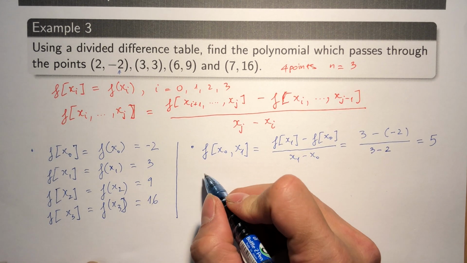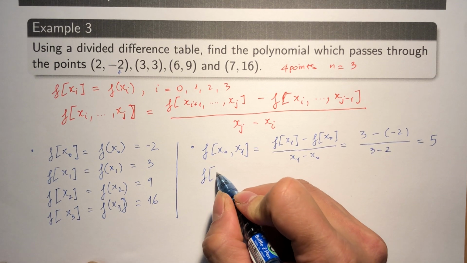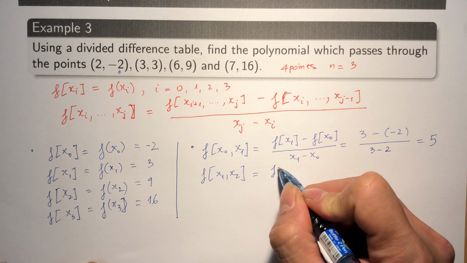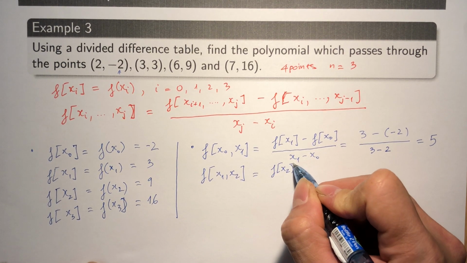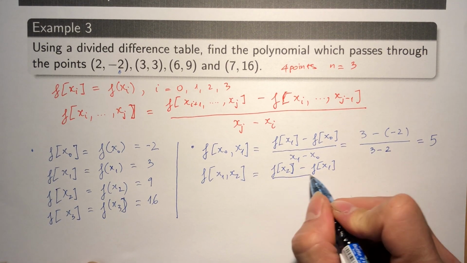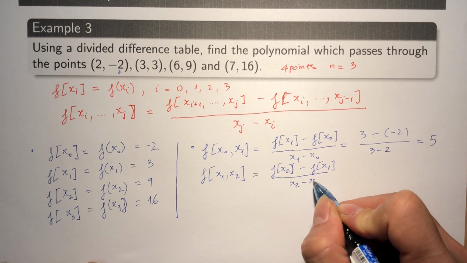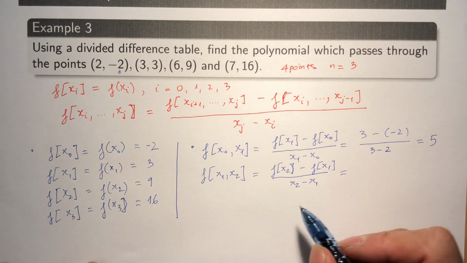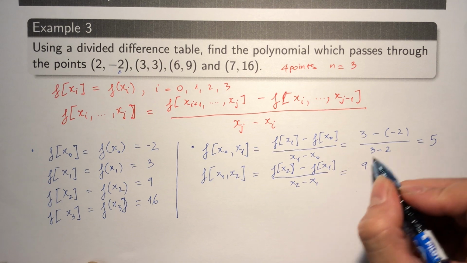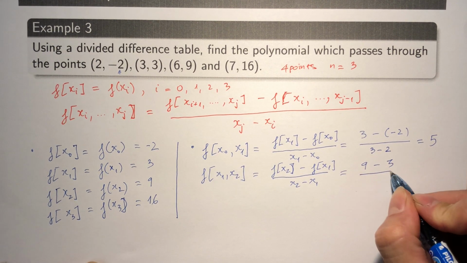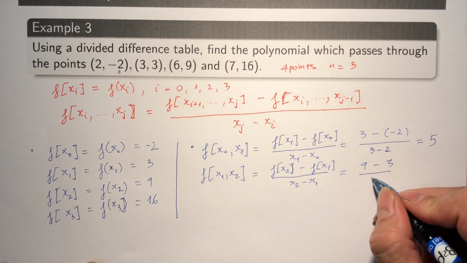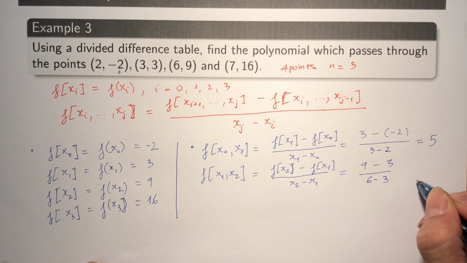Right. f[x1, x2]. So similar, f x2 minus f x1 over x2 minus x1. So now f x2 is 9 minus f x1 is 3, over x2 minus x1, so 6 minus 3.